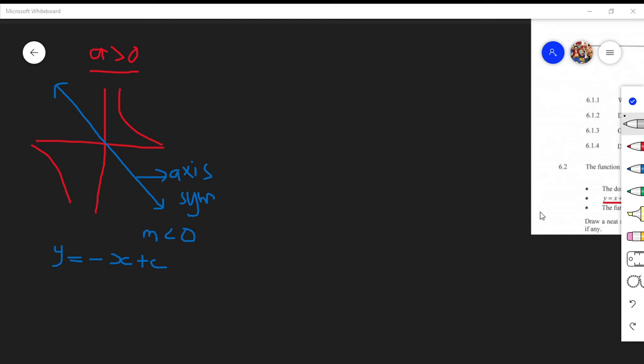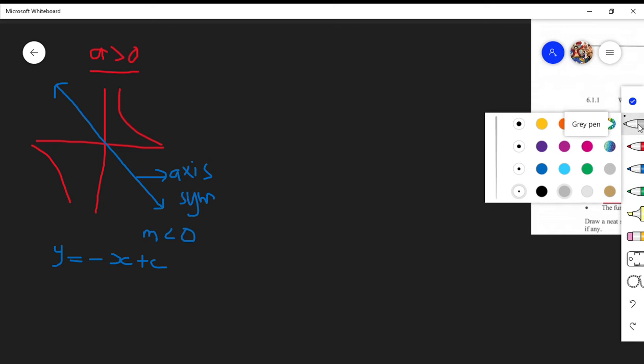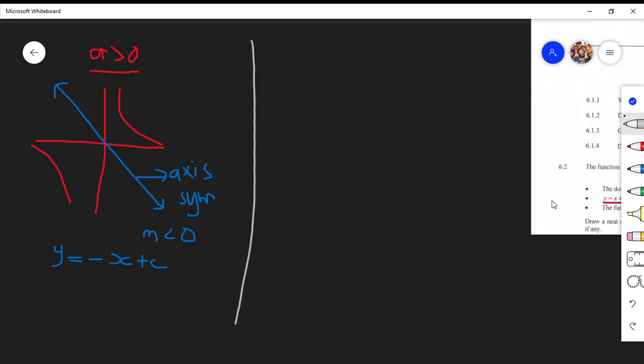And when A is less than 0, it's going to look like this. So this is your y-axis, your x-axis, right here. Y and x.